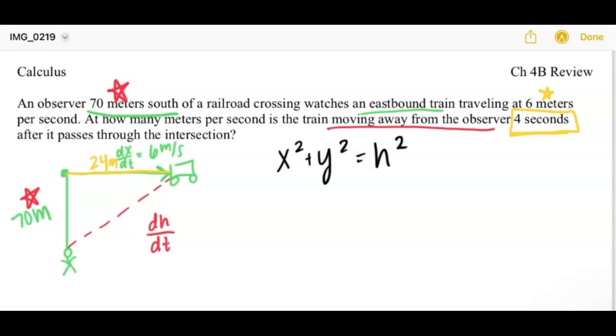Now, if we want to find how many meters per second, or the dH/dt, that means we have to derive our Pythagorean theorem. And this is where the constant is. That's our y value.